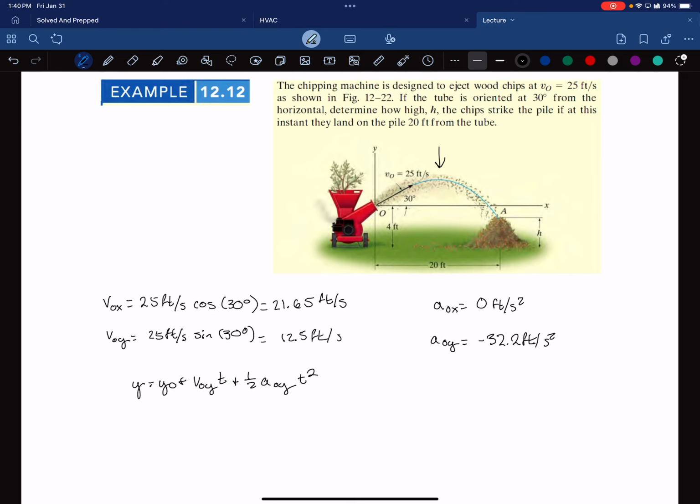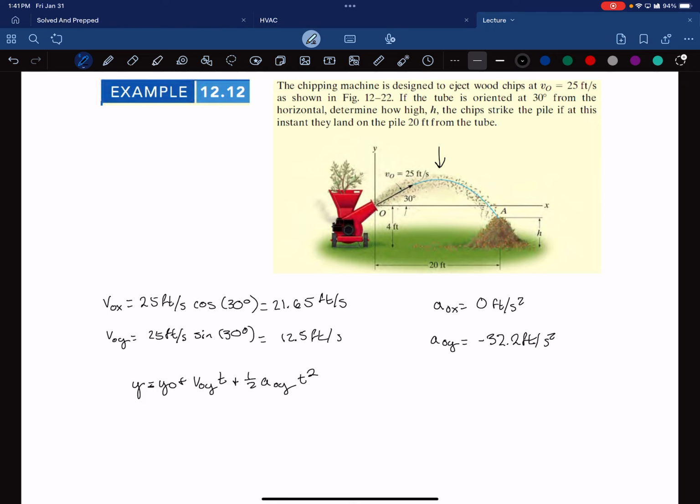So if we look at this equation now, we know acceleration, we know the velocity in the y direction. We're trying to find how high up it lands, and we also don't know the time that it takes for this to get there.